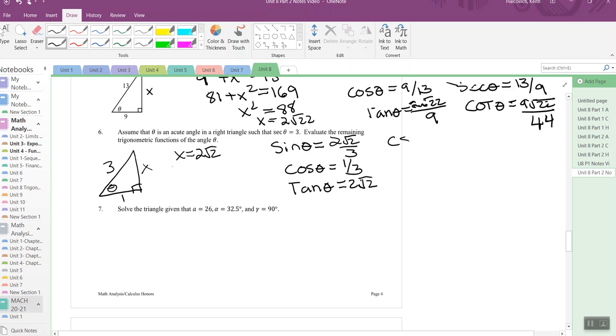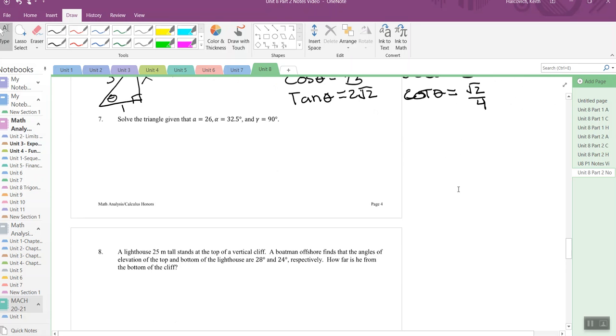And then the cosecant is 3 over 2 rad 2, which you rationalize to 3 rad 2 over 4. The secant we already know is 3, and the cotangent is 1 over 2 rad 2, which is rad 2 over 4 when you rationalize.